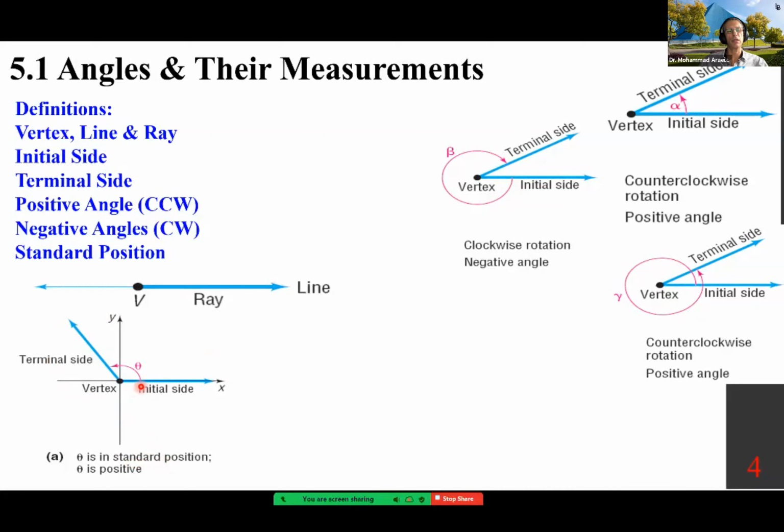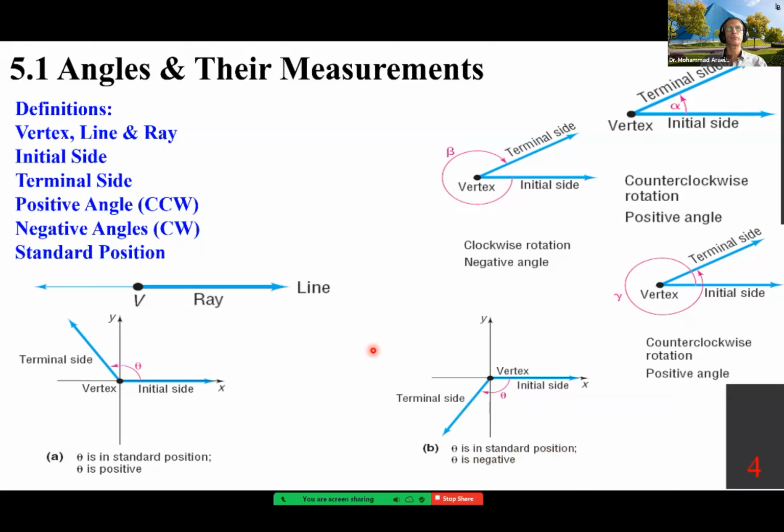Standard position meaning the initial side is along the x-axis. And of course, counterclockwise is positive. Again, we have a standard position, but this one, theta, has a negative value.